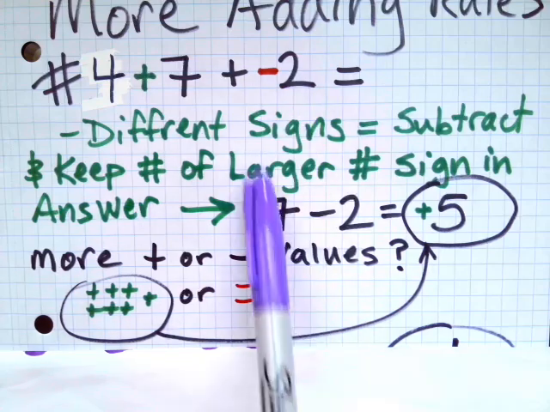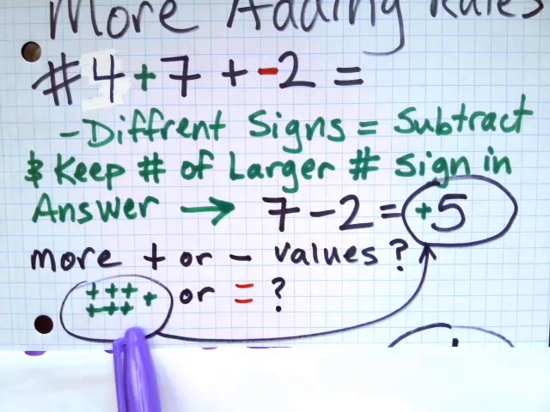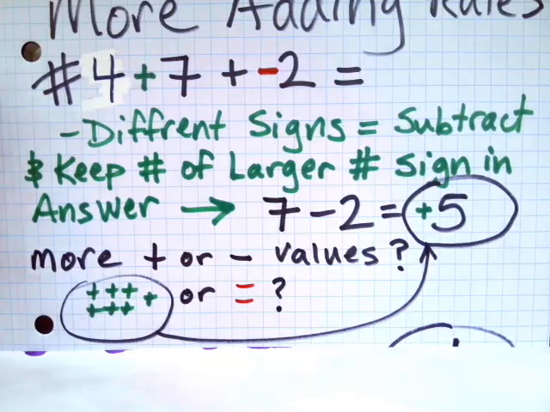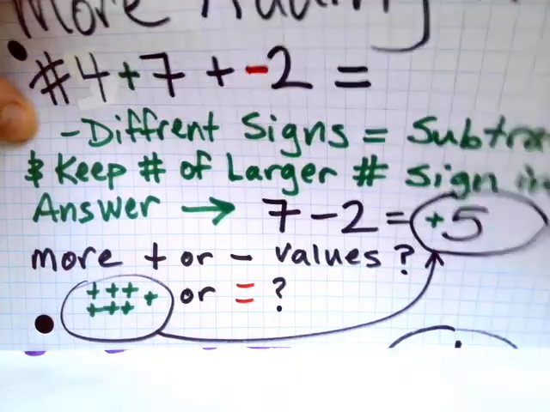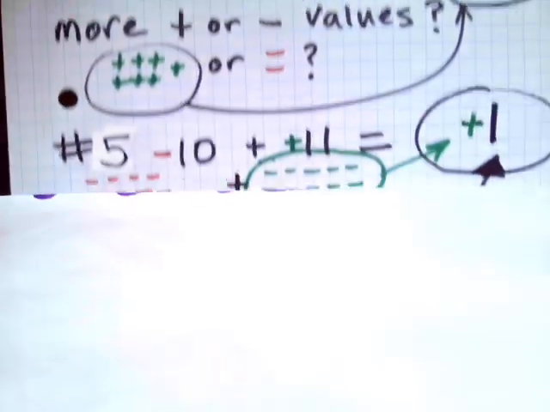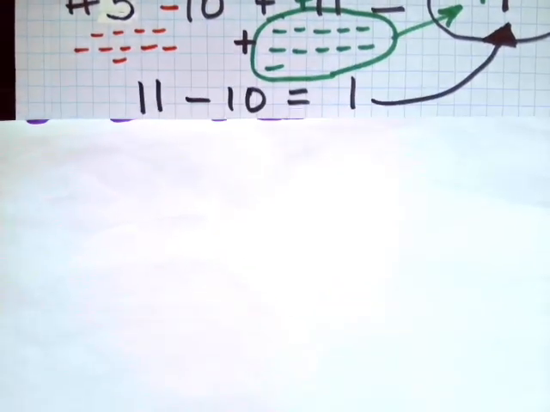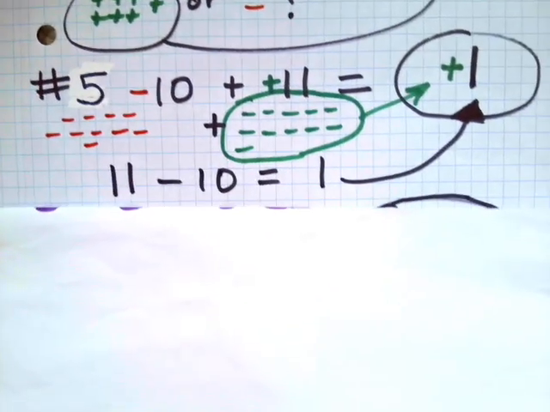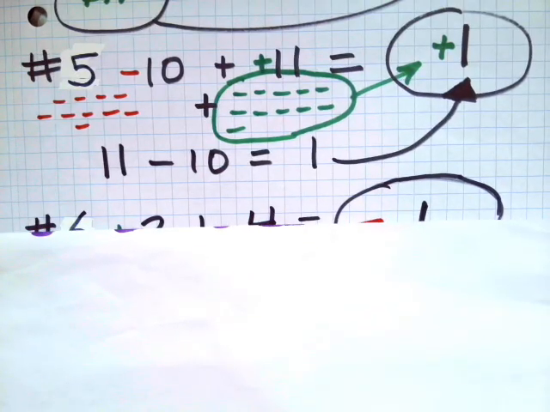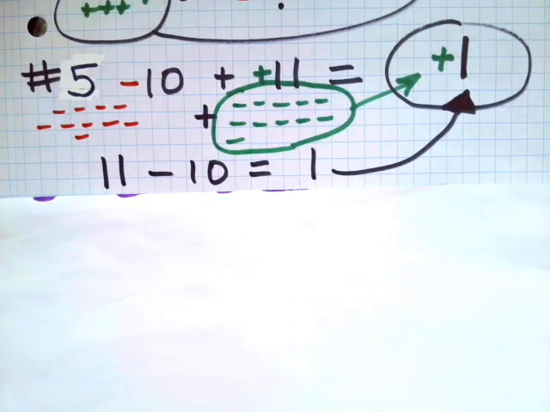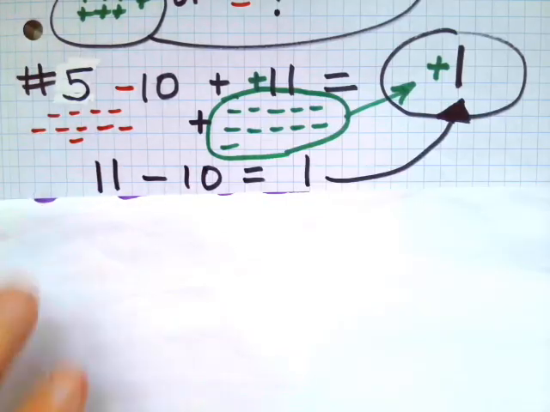You subtract those numbers. 7 minus 2 is 5. And I have more positive. It's going to stay a positive 5 answer. Hopefully that is helping you out a little bit. Here, let's go over another example.